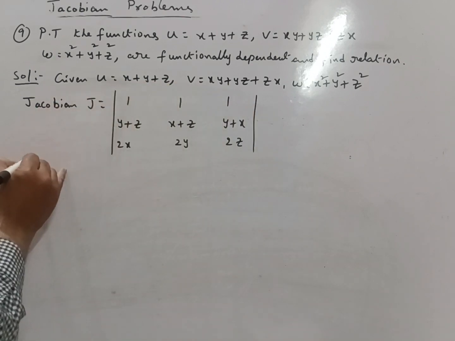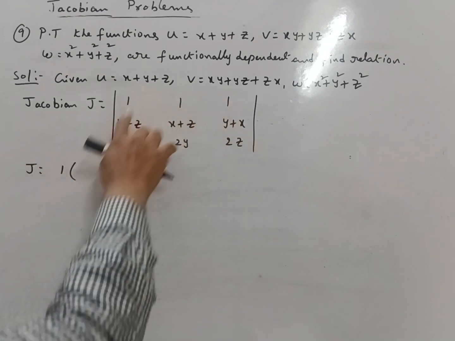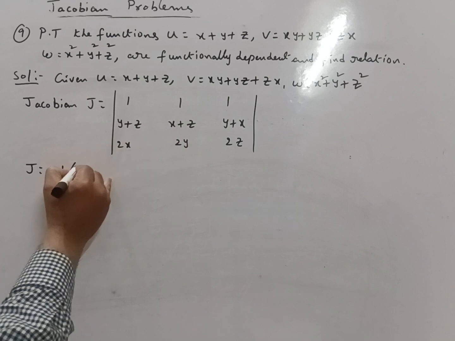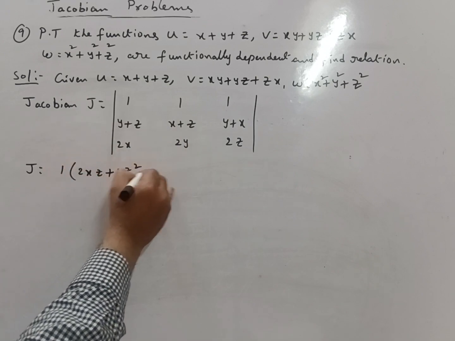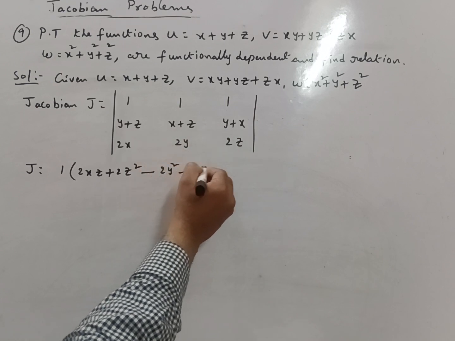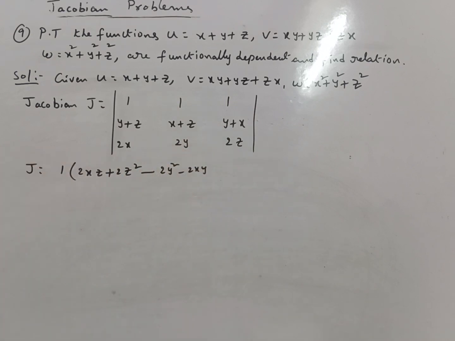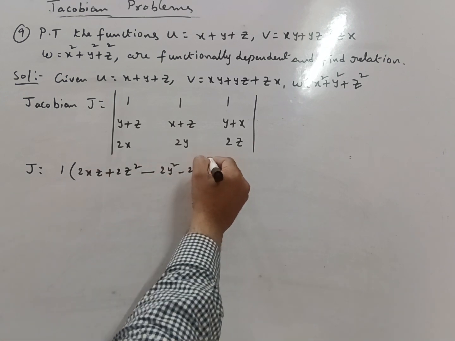Now J is equal to 1 into this row, this column, multiply what I get here: (2xz + 2z²) minus (2y² + 2xy). This will become a little bit lengthy.